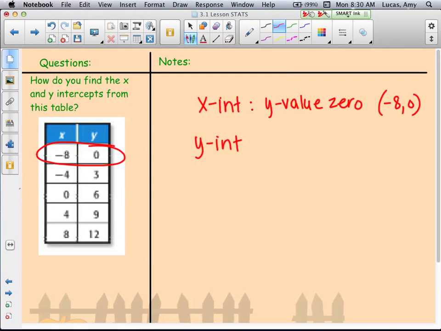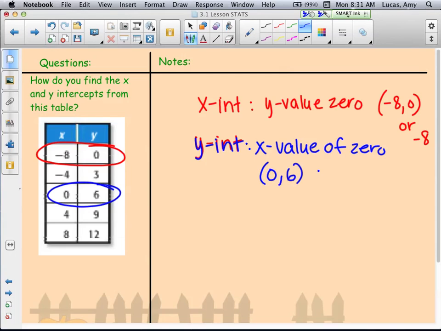So (-8, 0), or -8. That would be my X-intercept. Then the Y-intercept actually had an X value of 0. So if I look for an X value of 0, I get (0, 6), or just 6. So look for the zeros in the table.